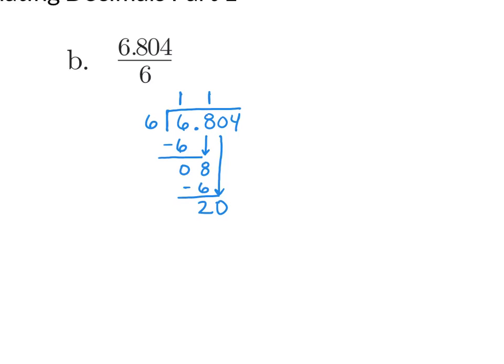Bring down the 0. 6 goes into 20 3 times. 3 times 6 is 18. Subtract, we get 2. Bring down the 4. 6 goes into 24 4 times. 4 times 6 is 24.